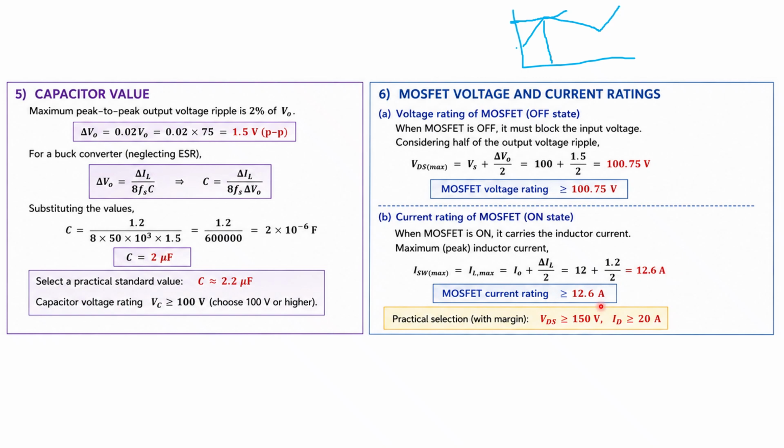So your MOSFET current rating should be above 12.6 amperes. Practically, we always use an extra margin. So when selecting the MOSFET, we can select a MOSFET with 150 volt and 20 ampere current rating. I hope it is clear for you.